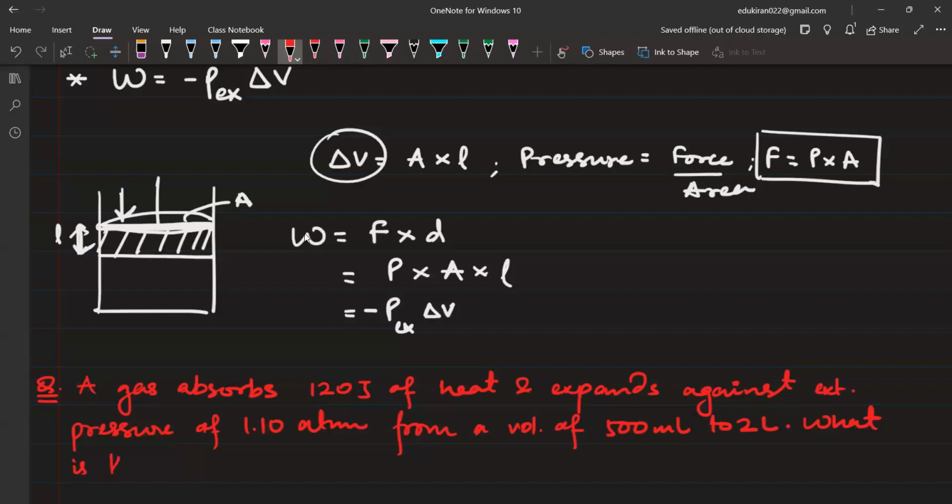What is the internal energy change in the process?